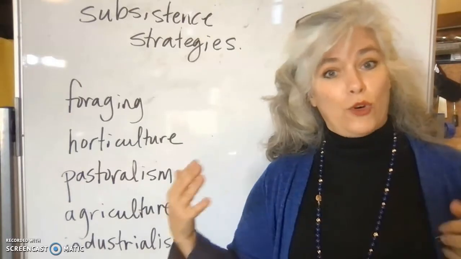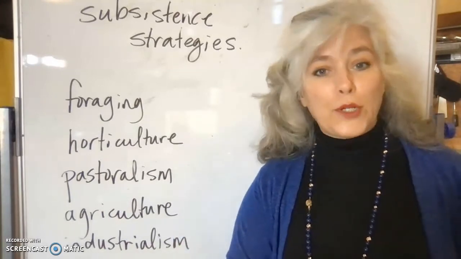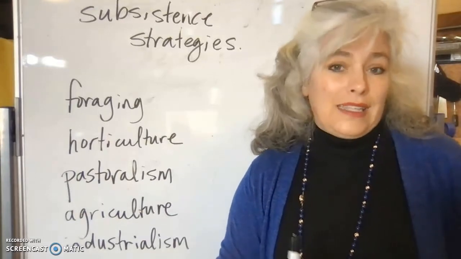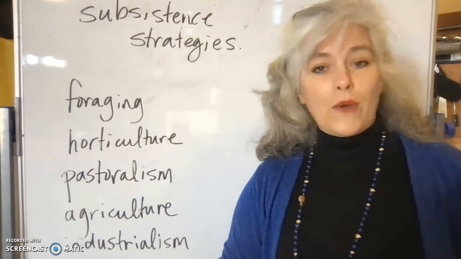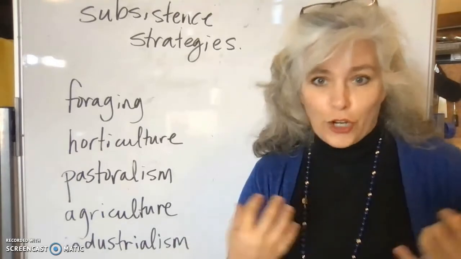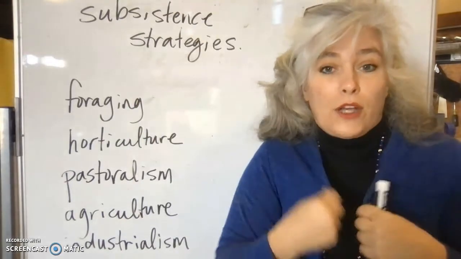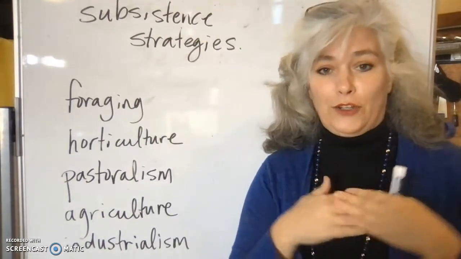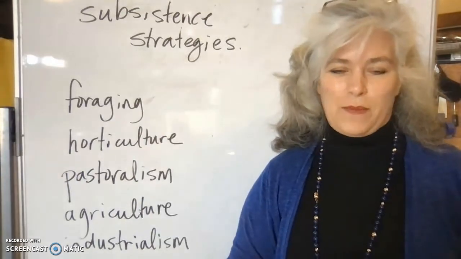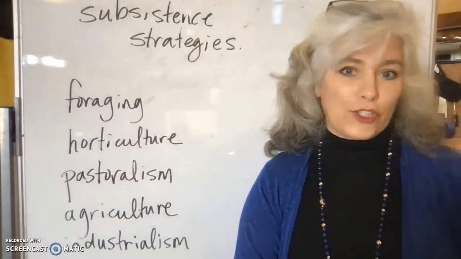Other places where you have great variety of weather systems and the climate has a wide range of temperatures and storm systems blowing through and things like that, then the type of structure that you have for shelter and the type of enclosure that you use not only for the roof over your head, but also clothing, different types of clothing to shelter our body just from the temperature, and not just from hailstones on a roof or something. All of these kinds of things are included in subsistence strategies.